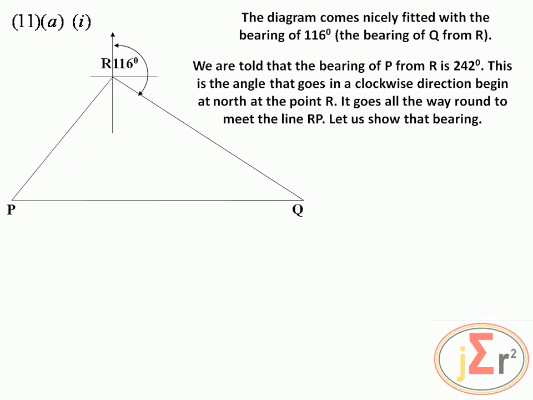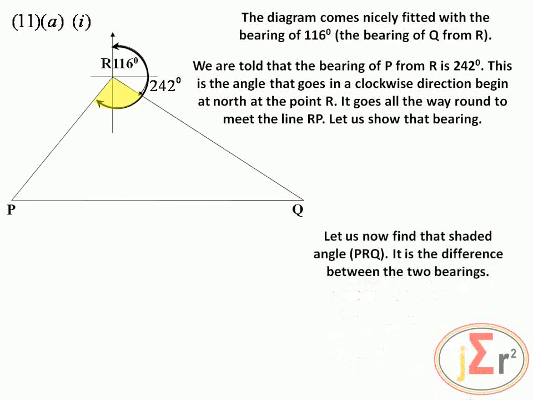Now, we need to go in a clockwise direction beginning at north at R until we encounter the line that goes from R to P. And that angle will be the bearing of 242 degrees. And what we need is that angle that we have shaded right there.